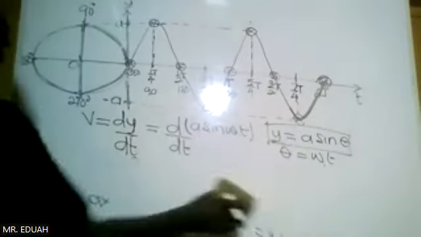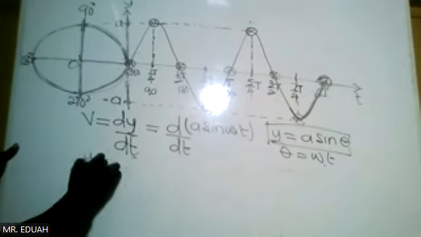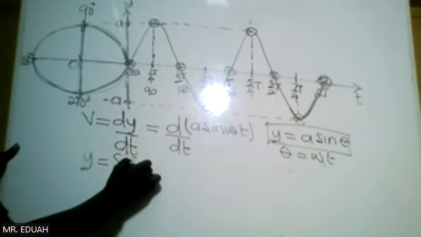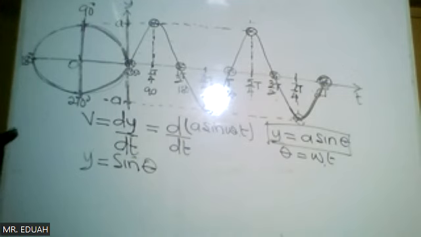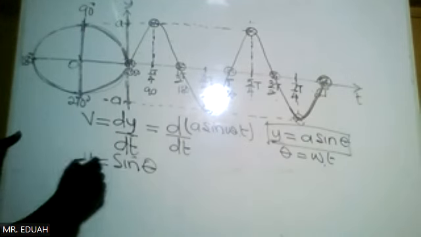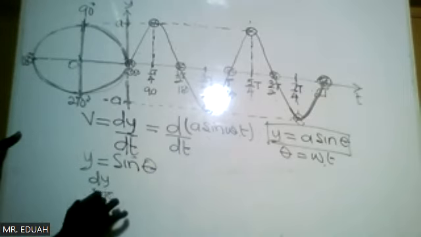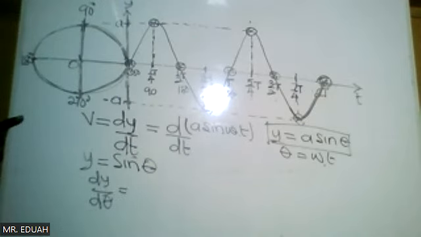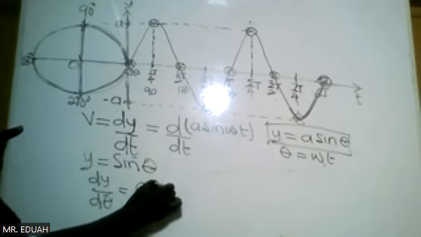Now what we are going to do is about trigonometry. So what about the differential of a trig function? If I have y is equal to sine theta, here I'm differentiating y with respect to theta, the angle. So dy by d theta, and this is a rule. Whenever you differentiate a sine, the differential of a sine function is equal to a cosine function.